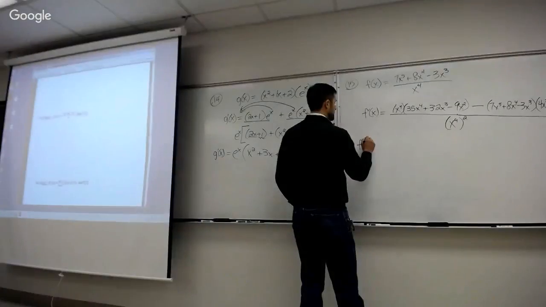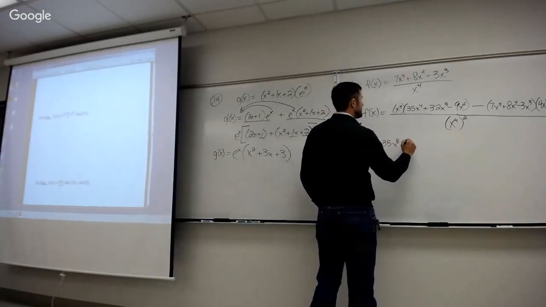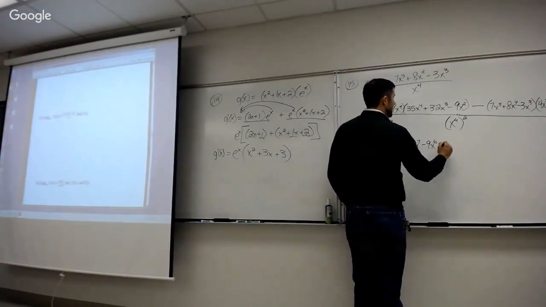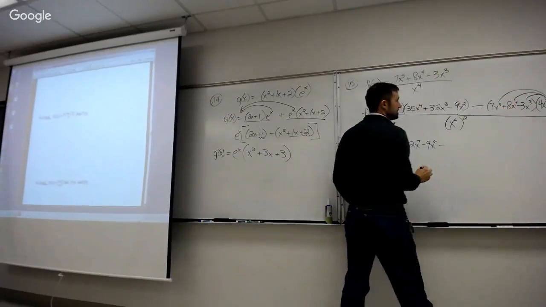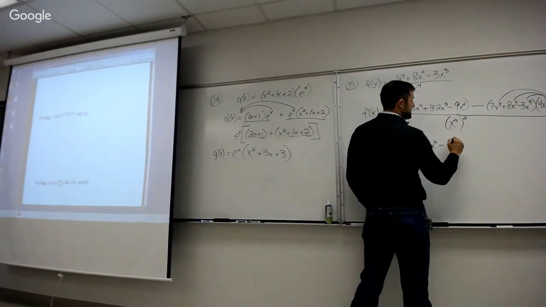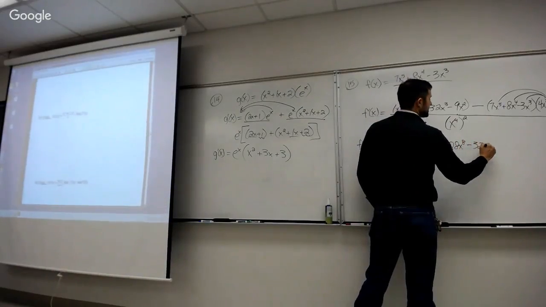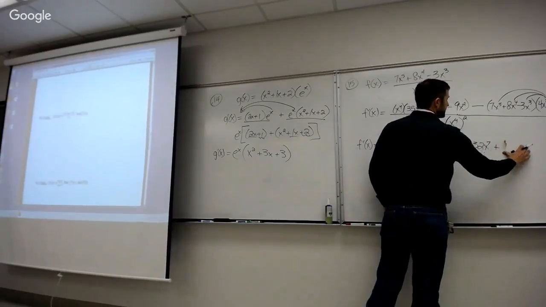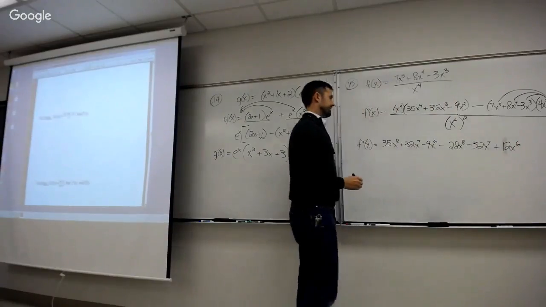So what do we have then? 35x to the 8th plus 32x to the 7th minus 9x to the 6th. And then minus, you have to be very, very careful that you're minusing each of those terms. So minus 28x to the 8th minus 32x to the 7th, and then plus 12x to the 6th.